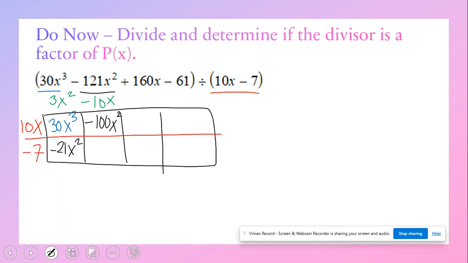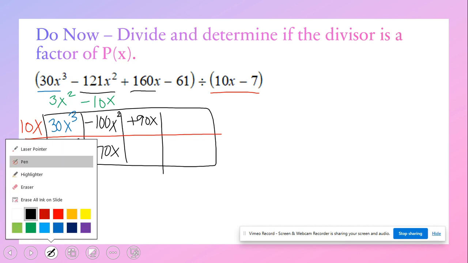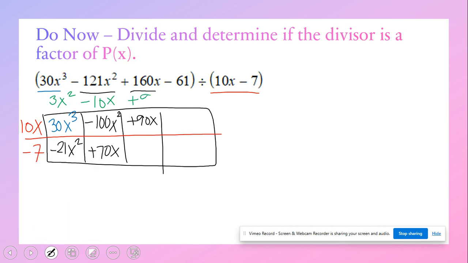Now negative 10x times negative 7 becomes positive 70x, and I need 160x, which means I'm going to need 90 more. Now I ask myself, 10x times what gives me 90x, and that's going to be 9. 10 times 9 is 90. 9 times negative 7 gives me negative 63, and I look at my next term and I realize I need negative 61, so I have too many, and so my remainder is 2.